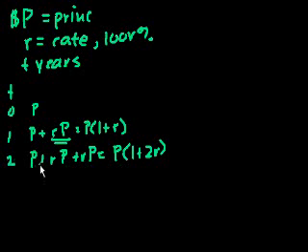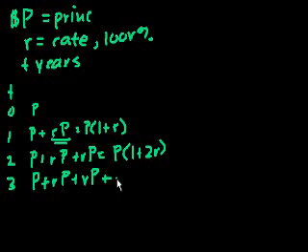And just take the P out, and you get P times 1 plus 2R. And then in year 3, we'd owe what we owed in year 2, so P plus RP plus RP, and then we just pay another RP. And so that equals P times 1 plus 3R.